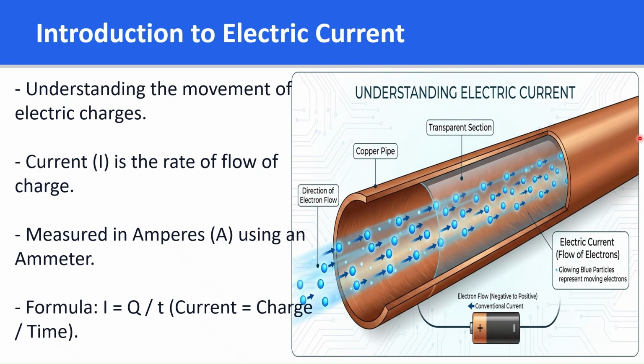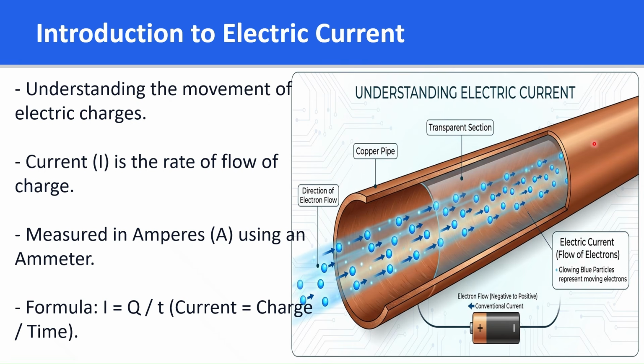Now let's understand the movement of electric charges. Just like water flows through a pipe, electricity flows through wire. Study this picture and imagine that this is the electric current and this is the wire.